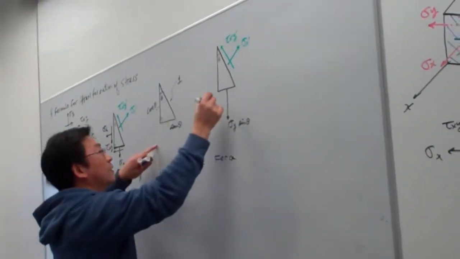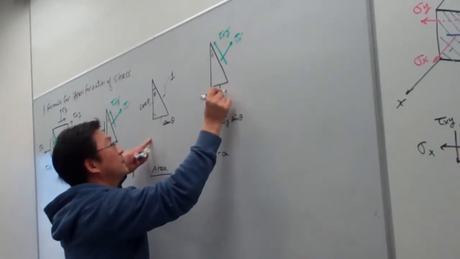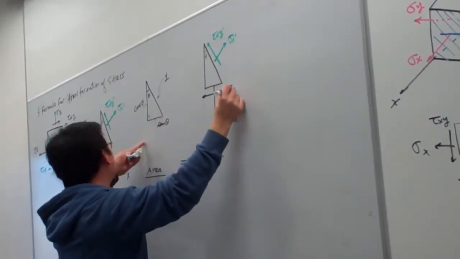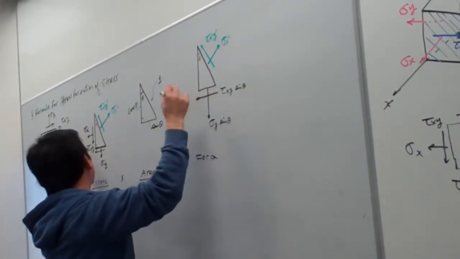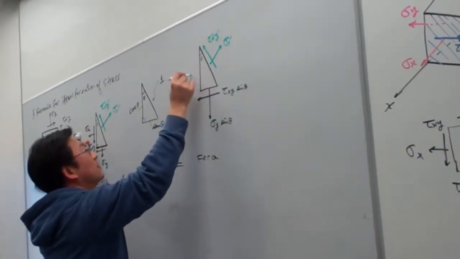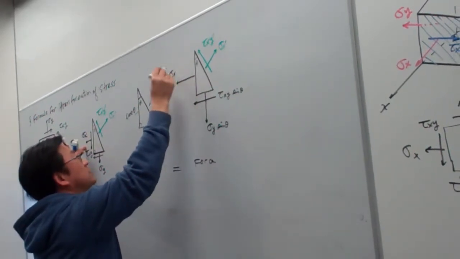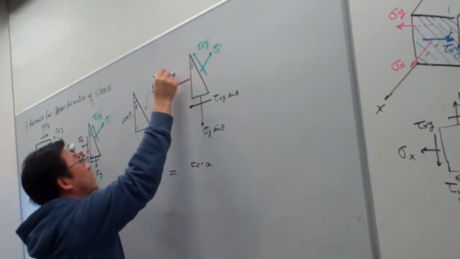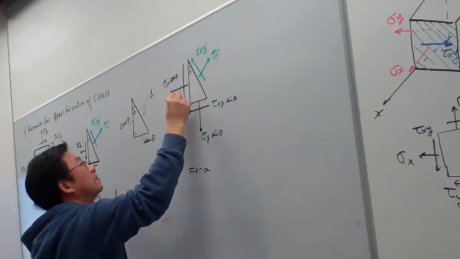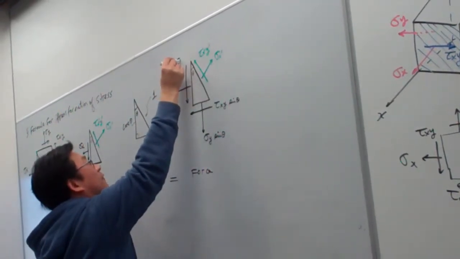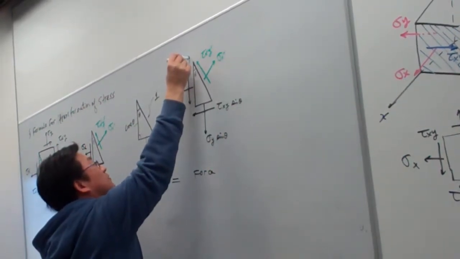And then this one will be equal to tau, the magnitude tau xy times sine theta. Okay, and then this one will be sigma x times cosine theta, and then this one is tau xy cosine theta.